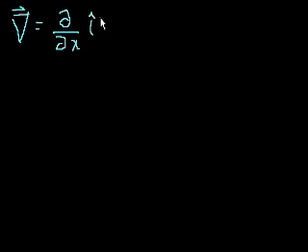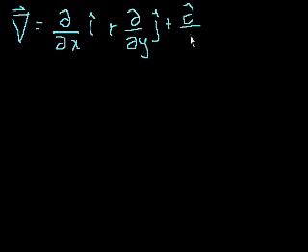We've been dealing with this del vector, we could call this abusive notation, but it kind of is intuitive, although it really doesn't have any meaning when I just write it like this. You can write it as a vector operator, and then it has a little bit more meaning. But this del operator, we use it a bunch of times. It's the partial derivative of something with respect to x in the i direction, plus the partial derivative with respect to y in the j direction, plus, if we do it in 3 dimensions, the partial derivative with respect to z in the k direction.